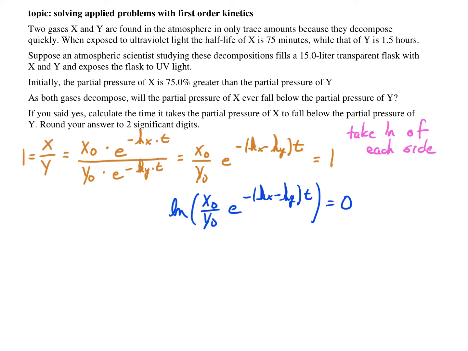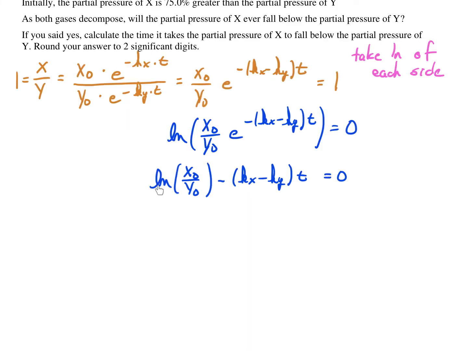Now we'll focus on the left-hand side. Here we have the ln of x0 to y0 is equal to minus the difference between the rate constants times t. And finally, we can solve for t.